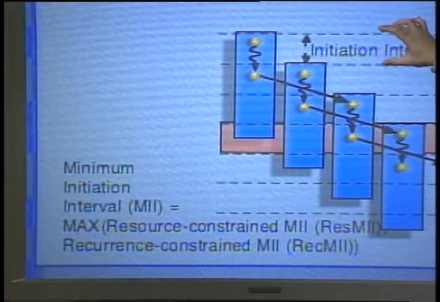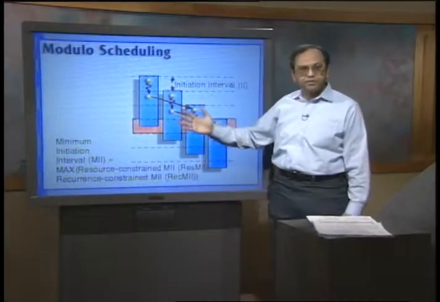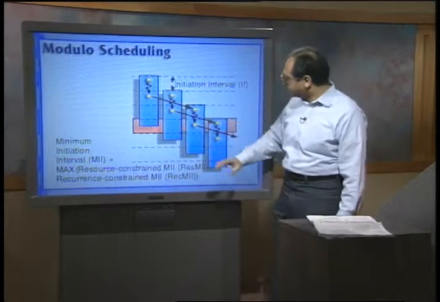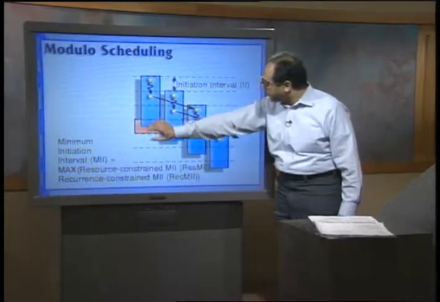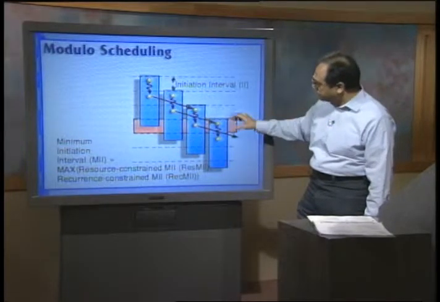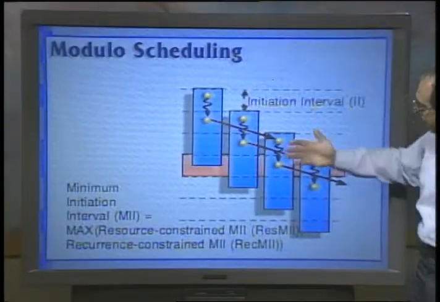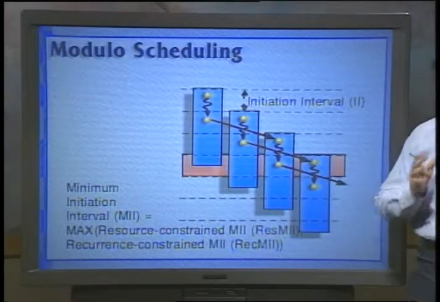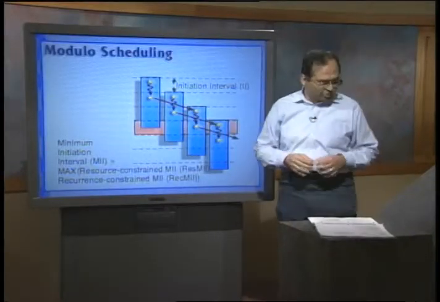Once we have that, we go ahead and schedule this as if it's a single basic block. Once we've scheduled it, we know which operations are scheduled in the loop, and which had to be moved out into a prologue and an epilogue. Another example of schedule first and then do the code motion.